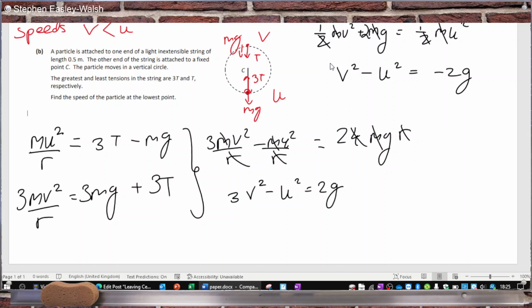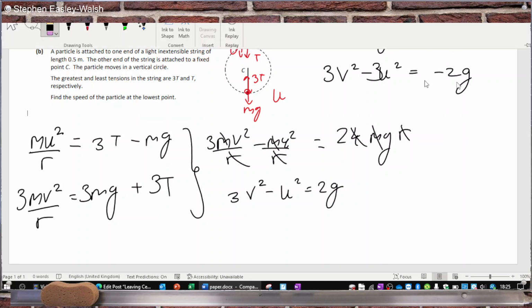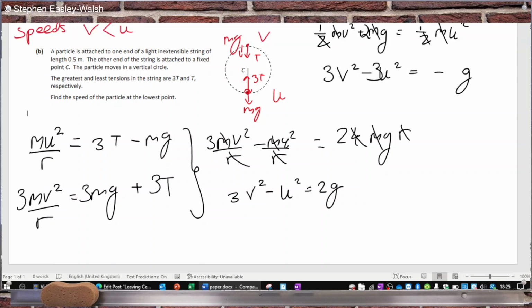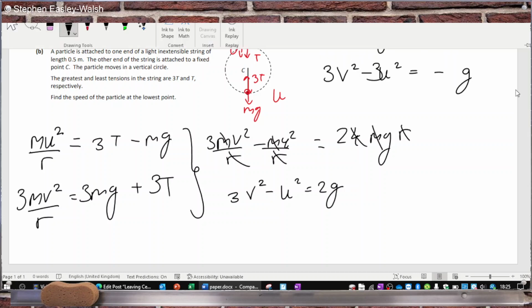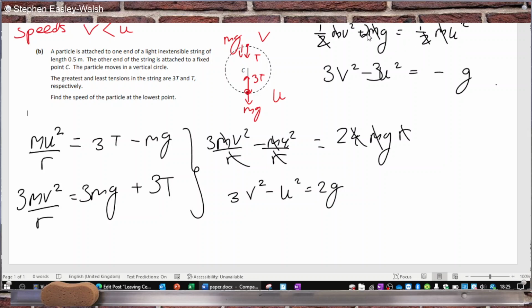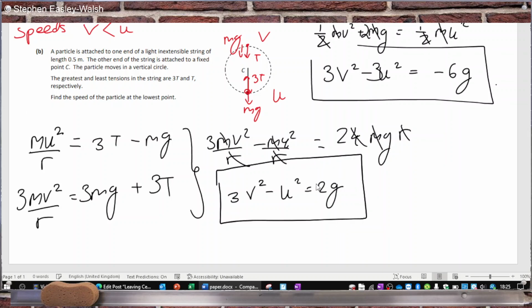I shall multiply by 3. So that becomes minus 6g. And now I can easily put that equation with that equation again by subtracting the second minus the first. 3v squared minus 3v squared is gone.